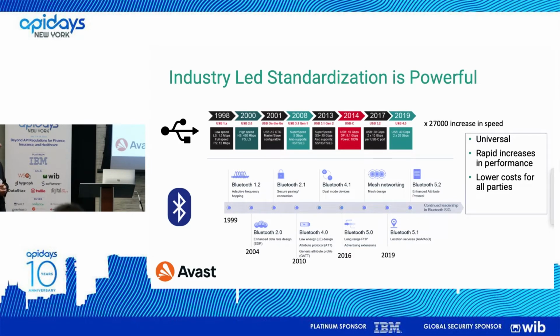USB has seen 27,000 times, and that's a massive, massive increase in speed, while all the while the connectors have become smaller and smaller from USB-A all the way to USB-C, and more is coming. Bluetooth used to be in less than 5% of the devices in the early 2000s. Now I can unlock my hotel door with my phone using Bluetooth, and it's there. There's hardly a device that doesn't have Bluetooth in it.